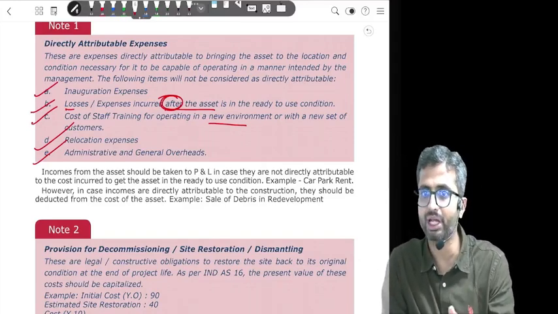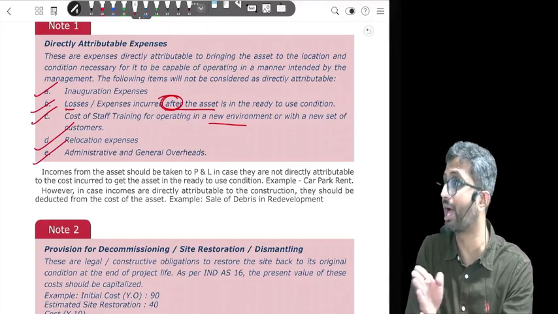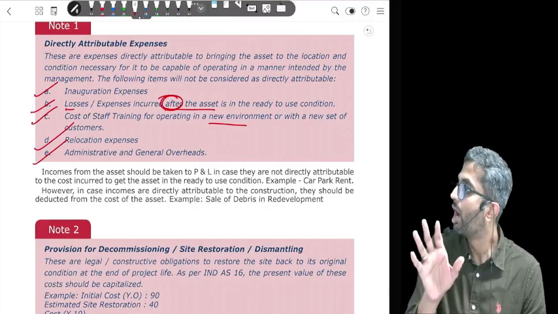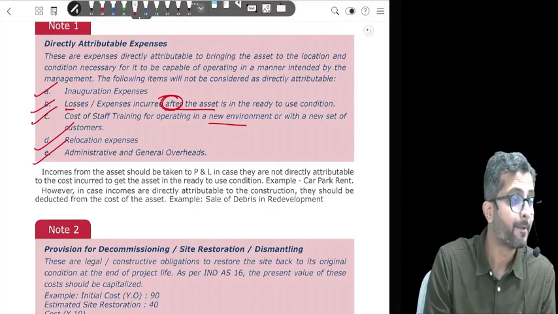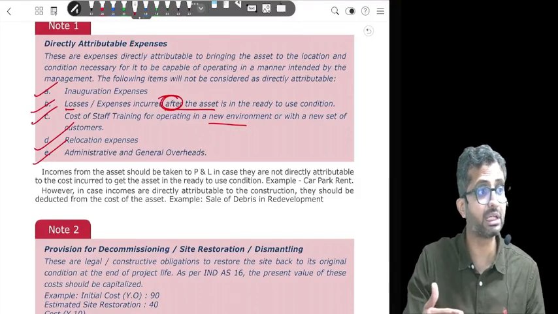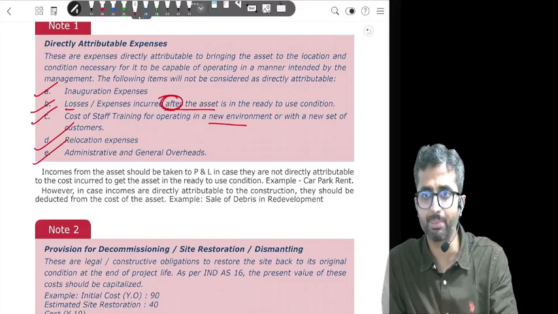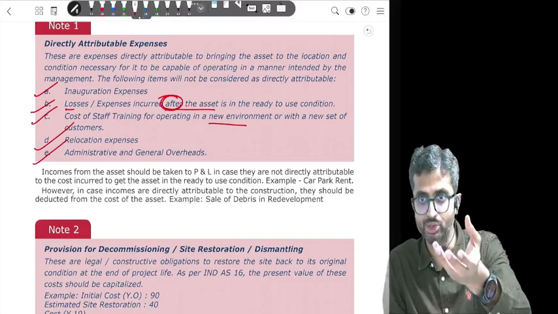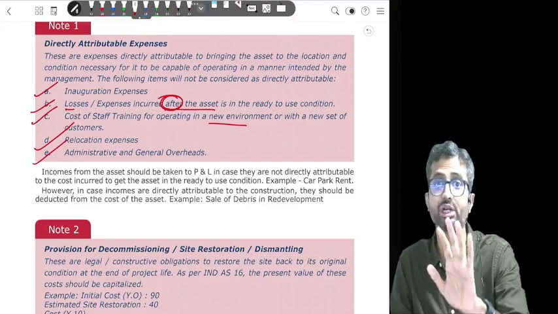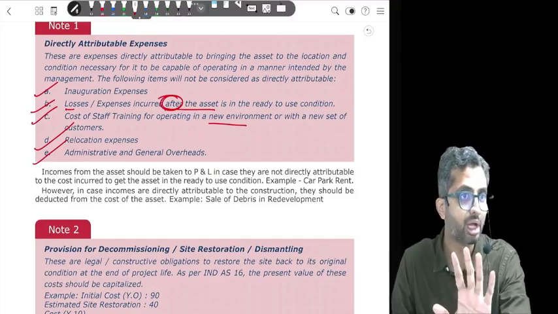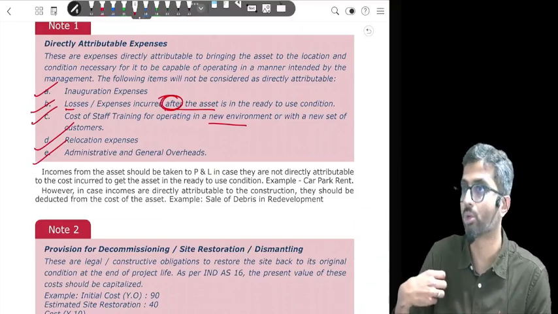So for example, if that income is directly attributable to a direct cost of construction, you can reduce it from the cost of the asset. However, if it is not directly attributable, then you can take it to P&L. For example, if I am doing a redevelopment project, I am demolishing an existing structure, it costs me 50 crores to demolish. I get some debris, I sell those debris and get 10 crores.